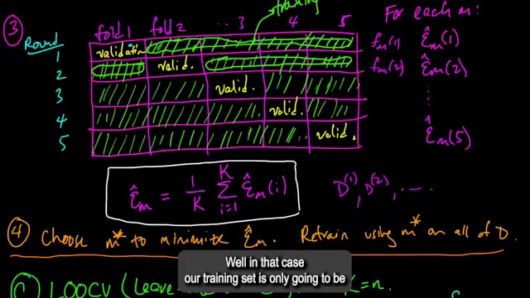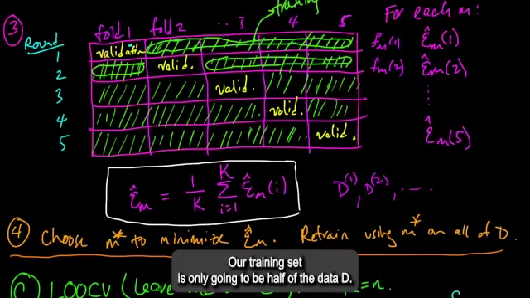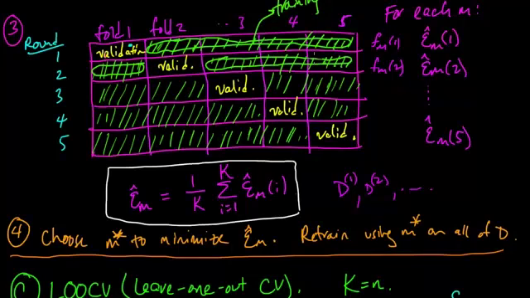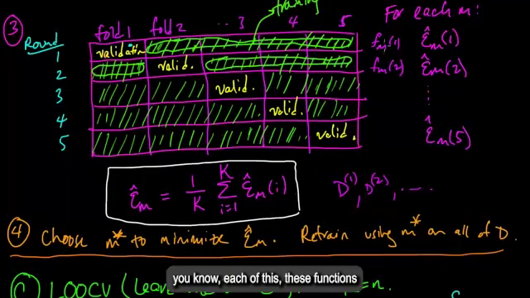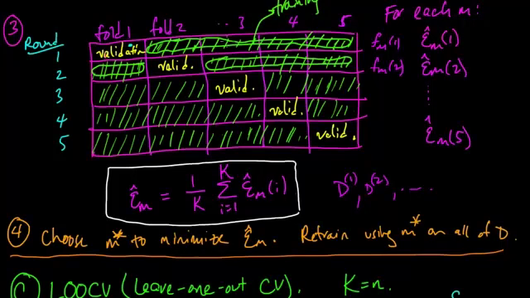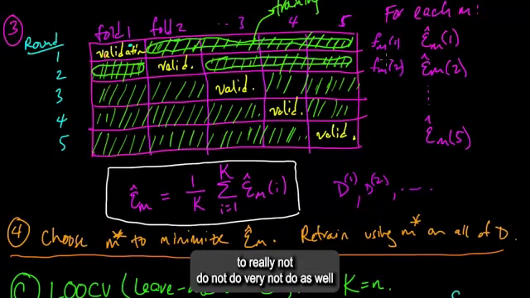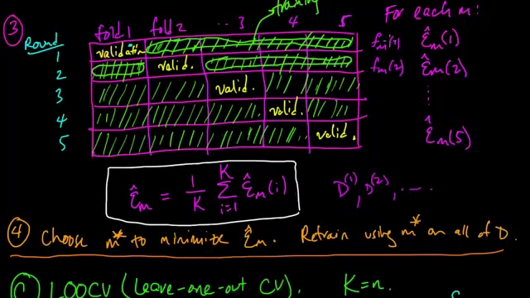Well, in that case, our training set is only going to be half of the data, D, on each round. And as a result, each of these functions is probably going to do much worse than if we trained on the whole data, because we're only getting half the data to work with. So we would expect these to not do as well as if we had trained on the whole data set.